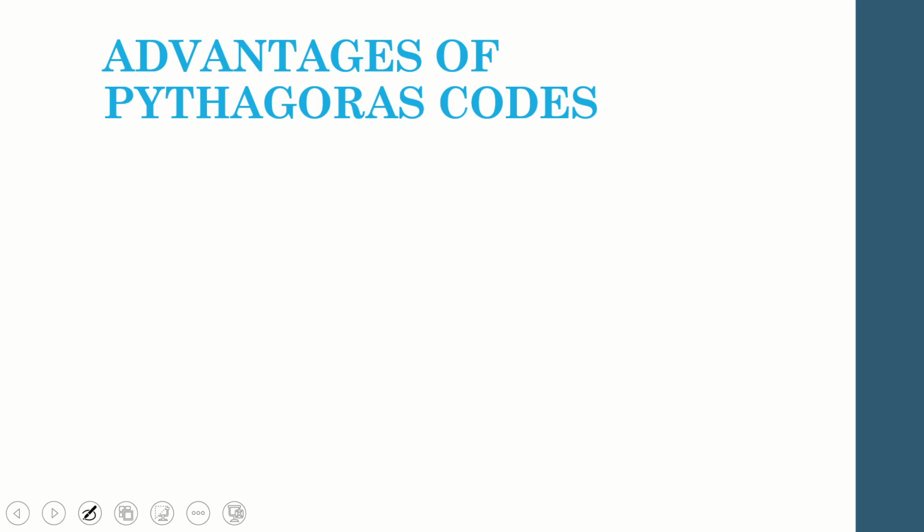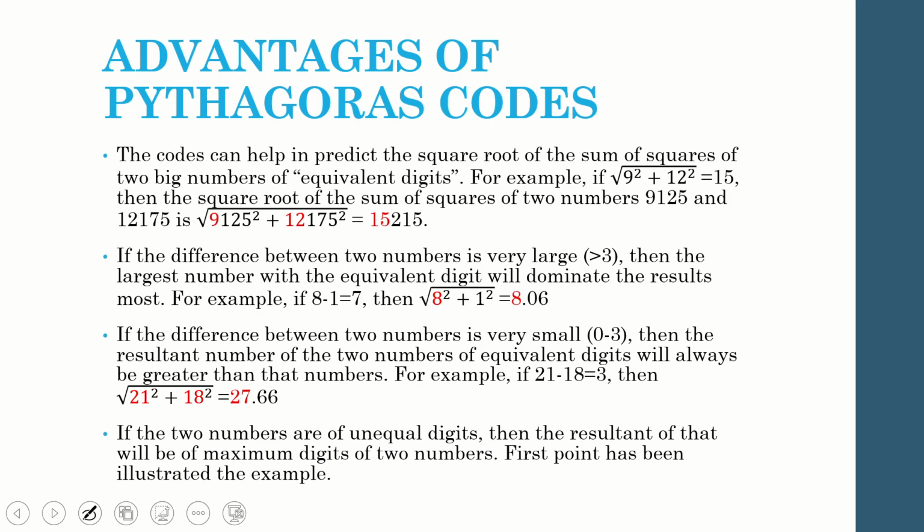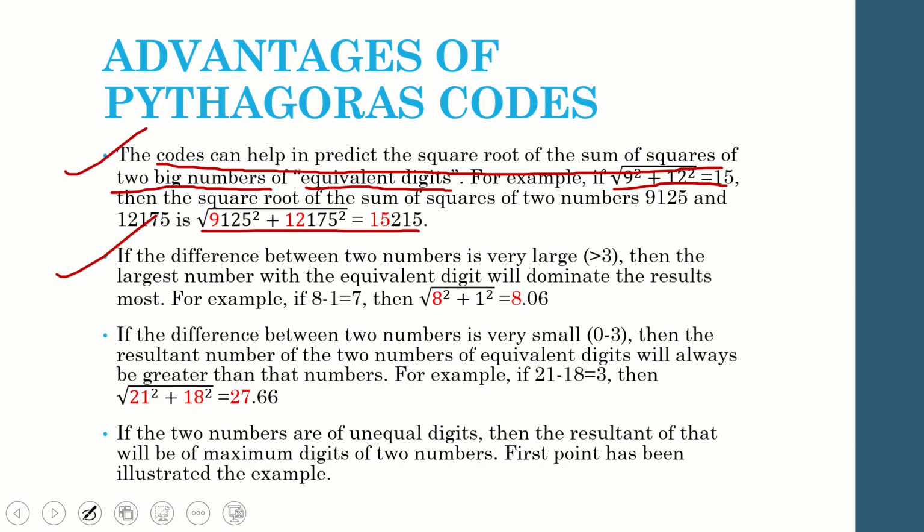Now you have some advantages. You can read it out. The codes can help predict the square root of the sum of squares of two big numbers of equivalent digits. This is an example.